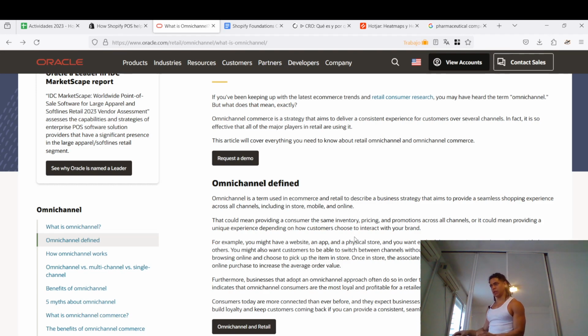So that's what this business strategy aims for: to provide a streamlined buying experience across all channels, mobile, online, and store right now. Perhaps in the future we're integrating a new one, but for now, this.